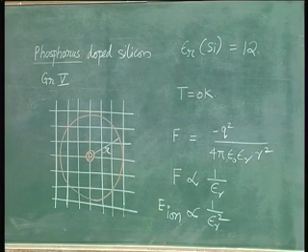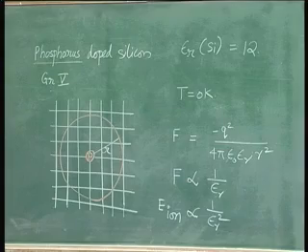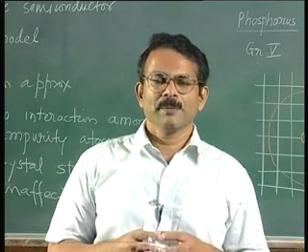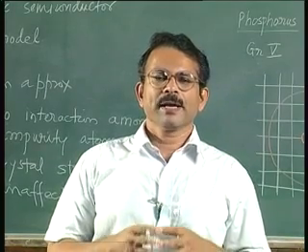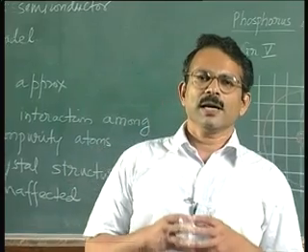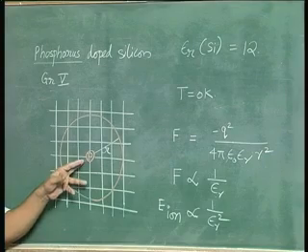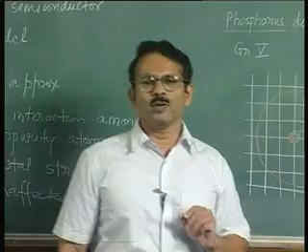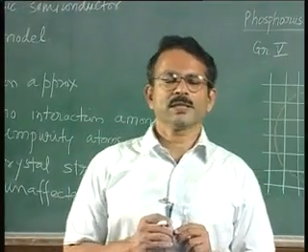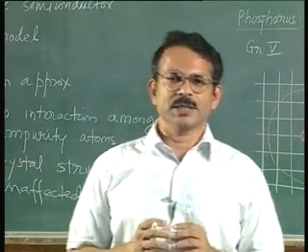So what this means is, because of the presence of silicon atoms surrounding phosphorus, this phosphorus atom can be ionized rather easily when it is placed in a silicon medium. The same phosphorus atom, if you move out of silicon, its ionization energy will be much larger.